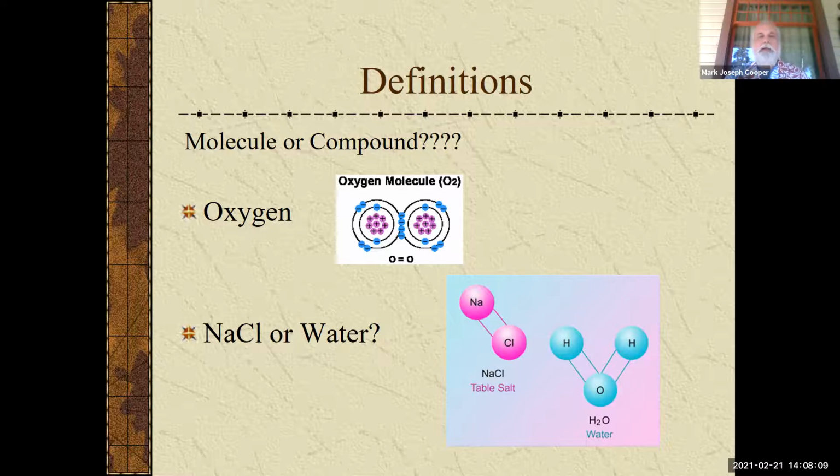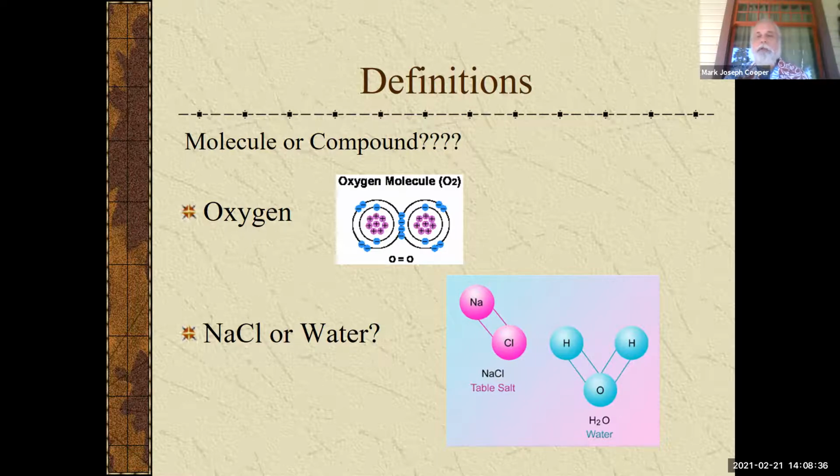So if we look at oxygen, O2, that would be a molecule because it's made up of 2 atoms, but it's only made up of 1 element. So that is not a compound. NaCl then would be, think about it, a compound made up of 2 atoms, but also made up of 2 different elements.